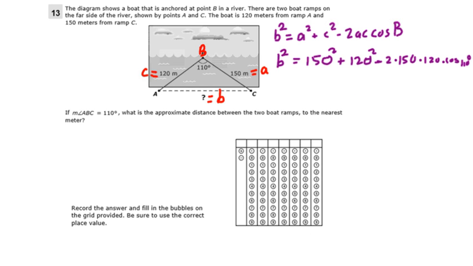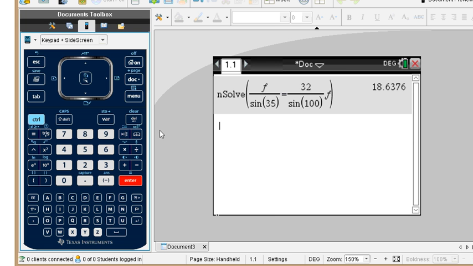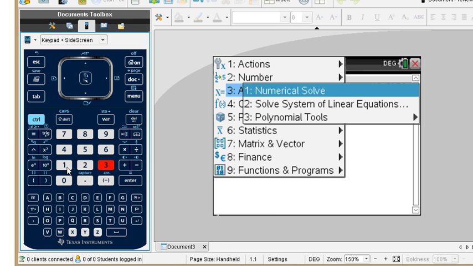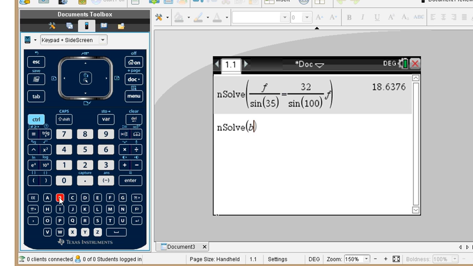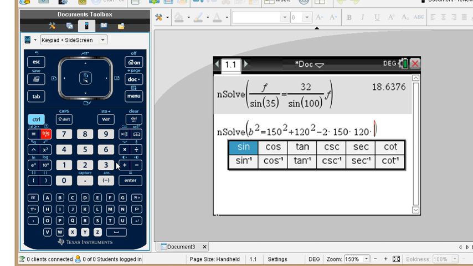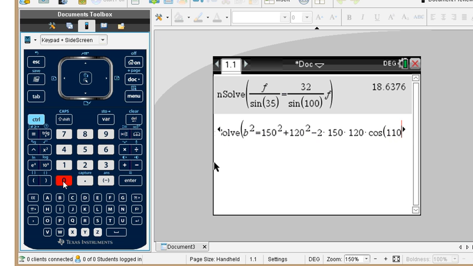So let's go ahead and put that in our calculator. We go to menu 3.1 and we're going to put in b squared, and that's going to be equal to a squared, which is 150 squared, plus c squared, which is 120 squared, minus 2 times a, which is 150, times c, which is 120, times cosine of angle b, which is 110 degrees.